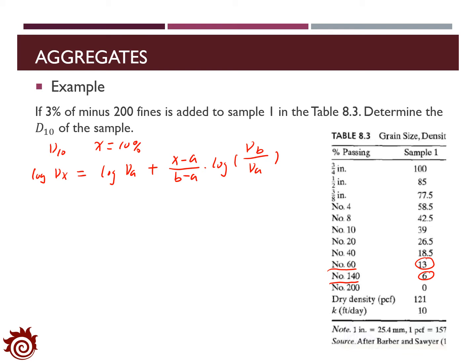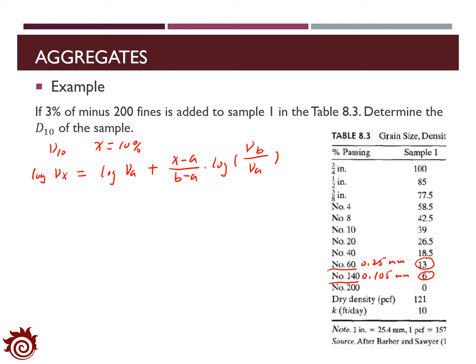The size for the number 60 sieve is 0.25 millimeter, and for 140 it's 0.105 millimeter.